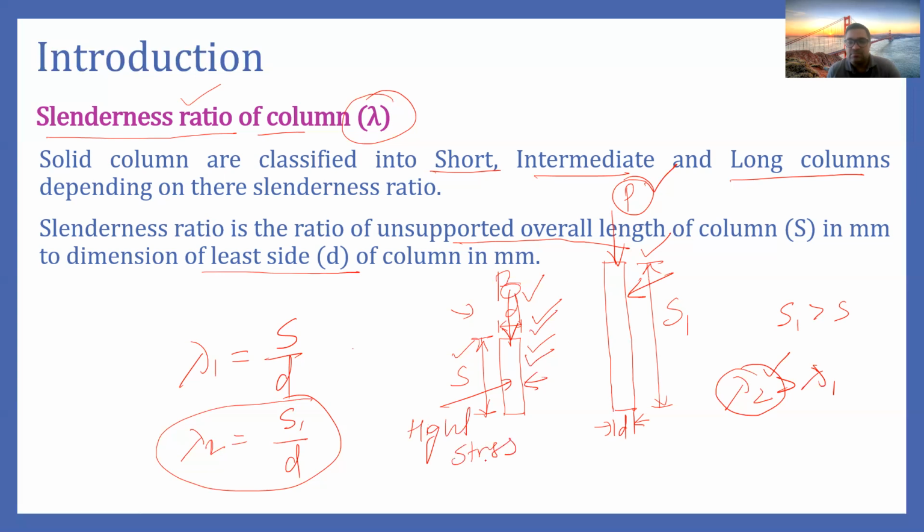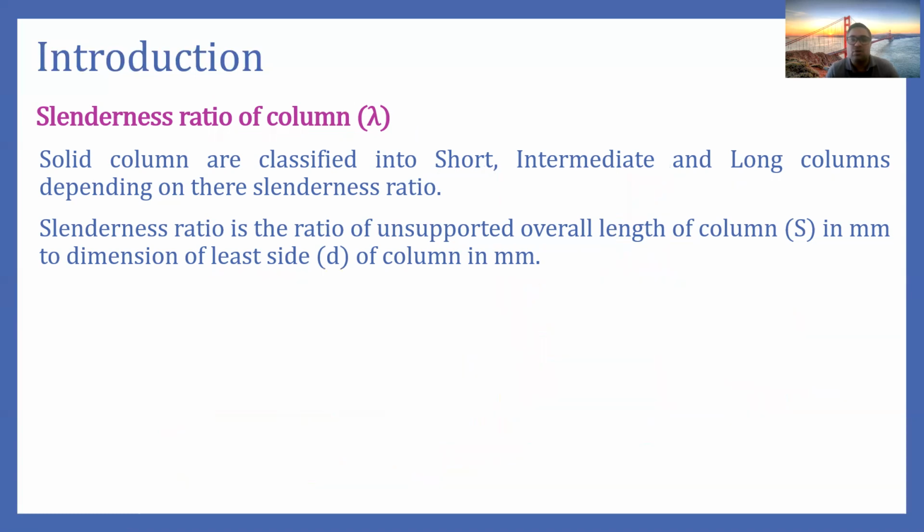It can take high compressive stress, or we can say the permissible compressive stress for a short column will be higher than the permissible compressive stress for a longer column. Based on this lambda value, we classify columns as short, intermediate, and long columns. We will discuss this more in the next slide.